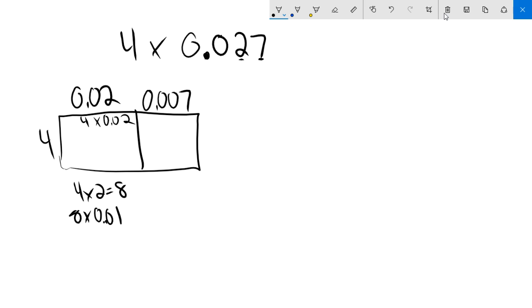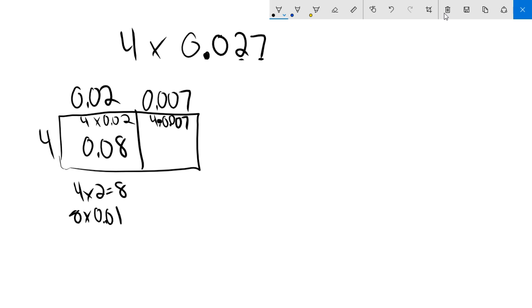This 2 is equal to 2 times 1 hundredth. So if we're multiplying, we've got to remember to make that happen. So when we do this, 8 times 1 hundredth is 8 hundredths. So that's this section.